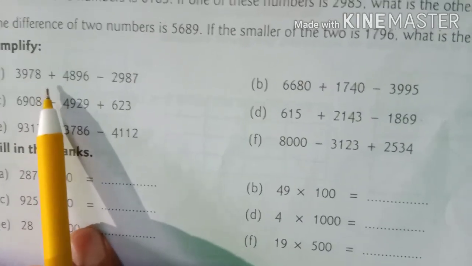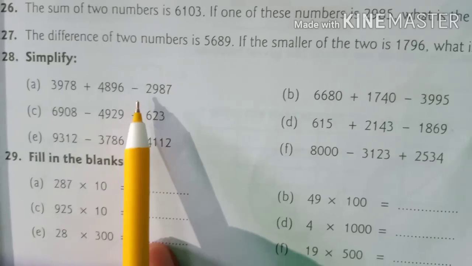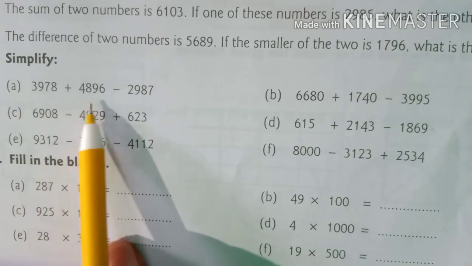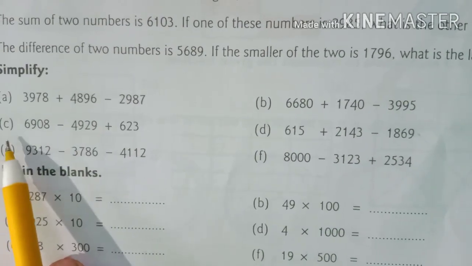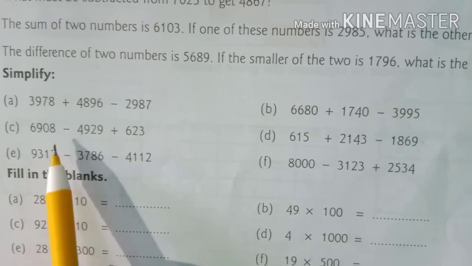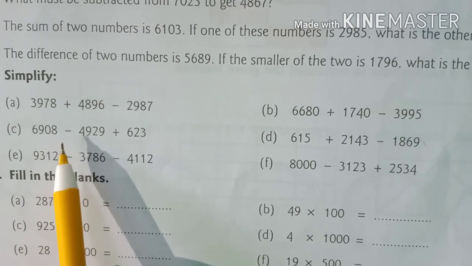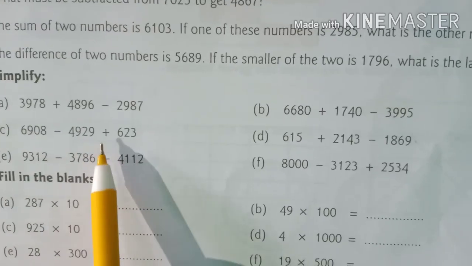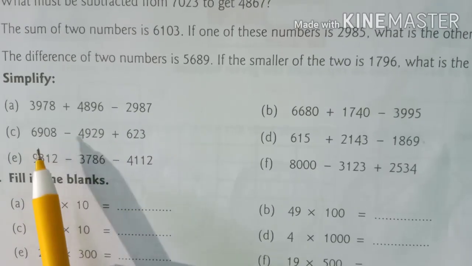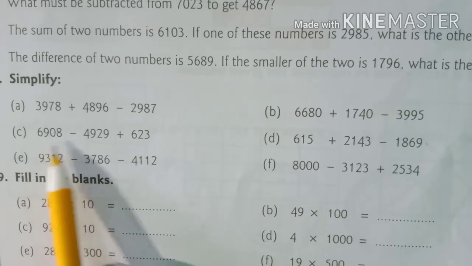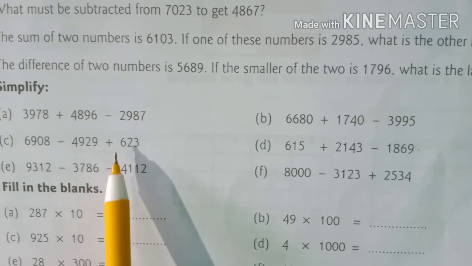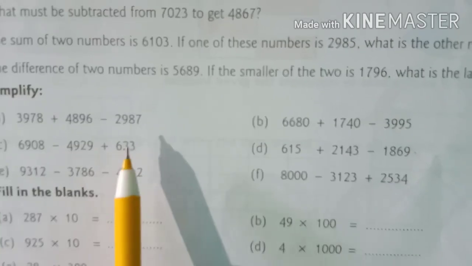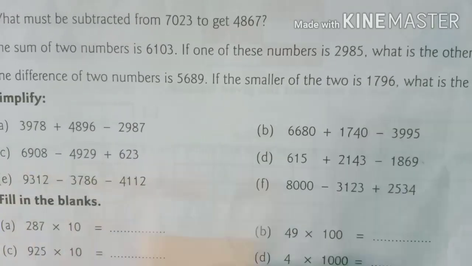For example, in case A, first you have to add and then subtract. Like example C, first you are asked to subtract, and then another operation is plus. Then in this question you will operate subtraction first, and then in that number you will add. So like this you will solve question number 28.